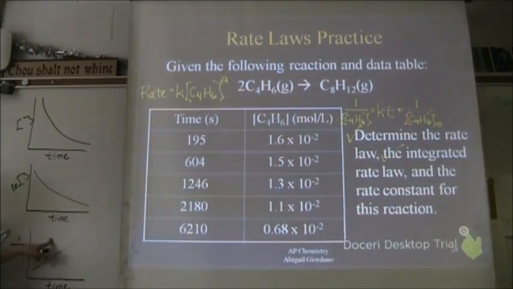We have a graph, but the graph doesn't have any numbers on it. There's no scale on these axes, so I can't use this graph to get any numbers off of it, but I do know that that's a linear straight line. Take a few minutes, talk with people around you. See if you can figure out how you are going to find a value for K.